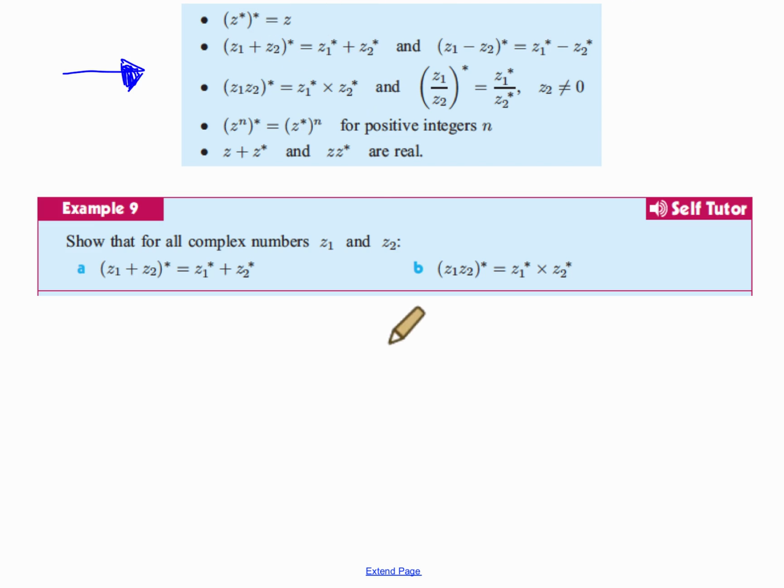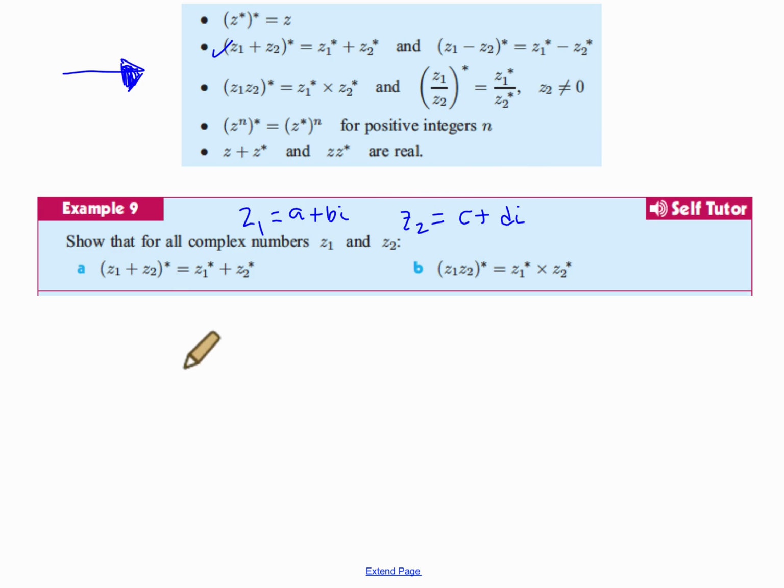So we're going to show, actually this one, show that for all complex numbers z1 and z2 that this is true. So in order to do this, let's just go ahead and let z1 equal a plus bi, and we'll let z2 equal c plus di.